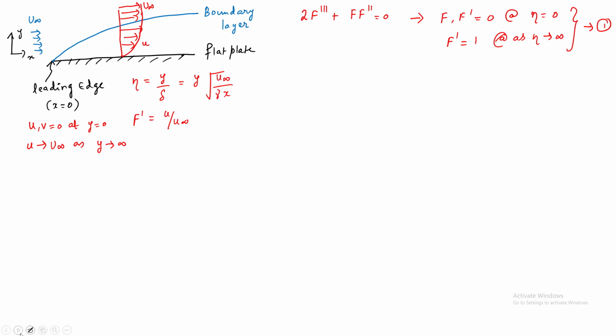Now let's go to the actual question of the problem, which is the momentum thickness. I'll write the formula for the momentum thickness: theta equals the integral from 0 to infinity of u by u infinity times 1 minus u by u infinity, dy.